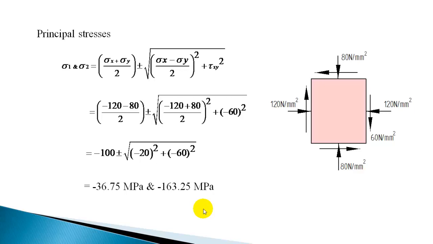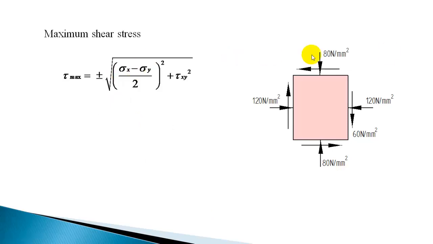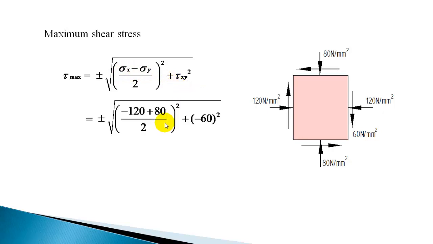Now let us find out the maximum shear stress. The maximum shear stress is given by plus or minus root of sigma x minus sigma y by 2 square plus tau xy square. Let us substitute for sigma x, sigma y, tau xy. It is equal to plus or minus root of 120 plus 80 by 2 square, since minus of minus 80 makes plus, plus minus 60 square.